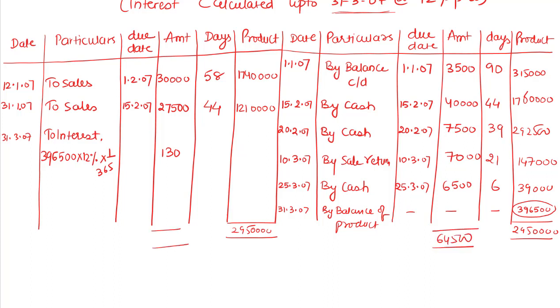On here 64,500 minus 130 minus 27,500 minus 30,000, it is 6,870. Closing date 31st March 2007, and to balance carried down. We'll write to balance carried down. I believe you understood.